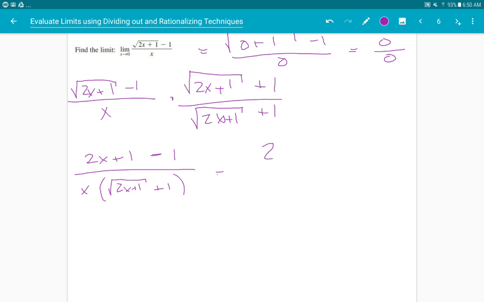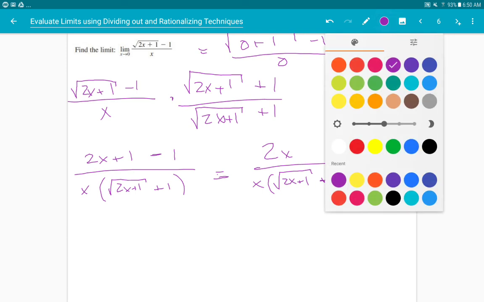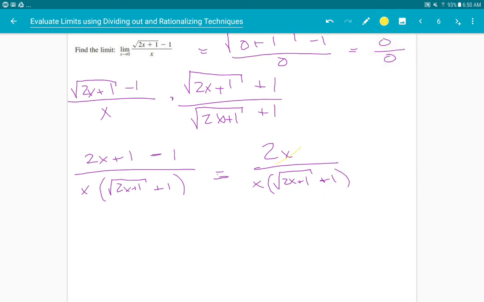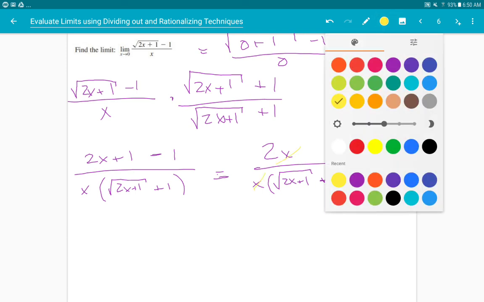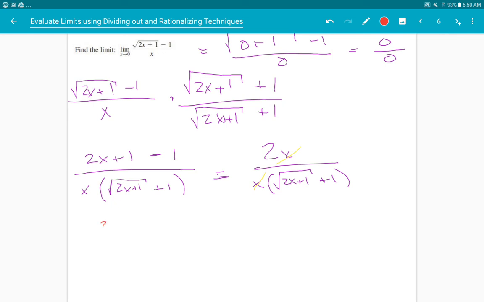In the numerator, I'm going to have 2x over x times this radical, the square root of 2x plus 1 plus 1. Algebraically, what's going to simplify for us? These x's are going to simplify. So what we're going to have here is 2 over the square root of 2x plus 1 plus 1.